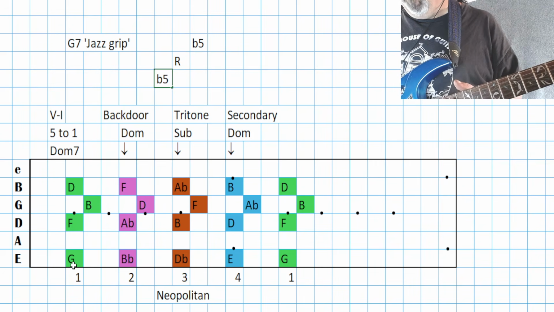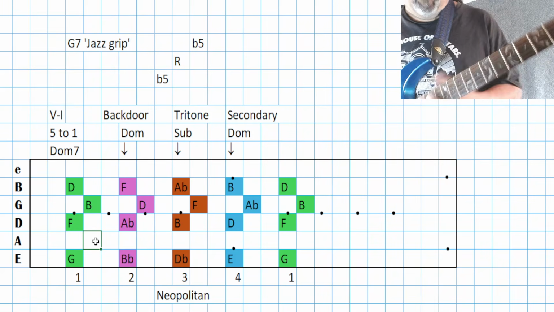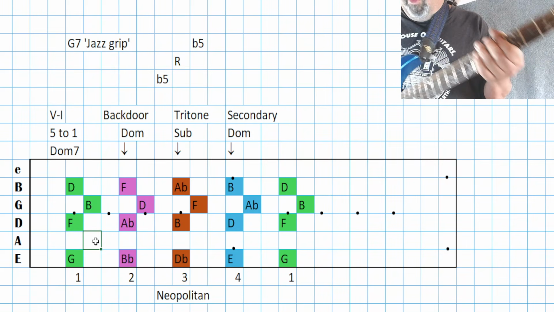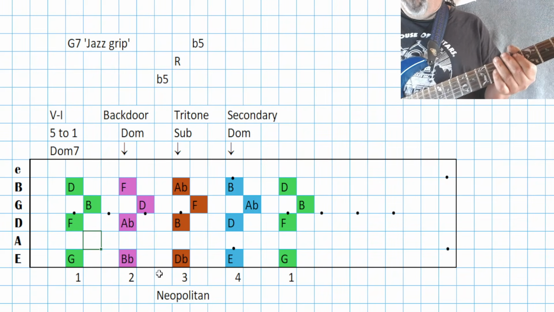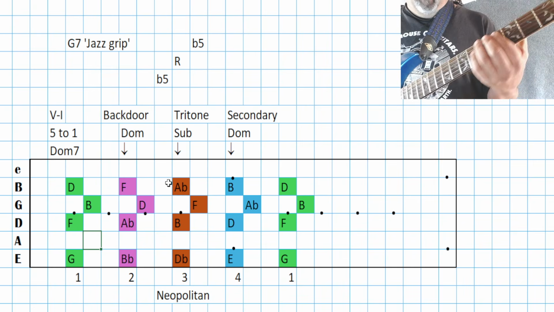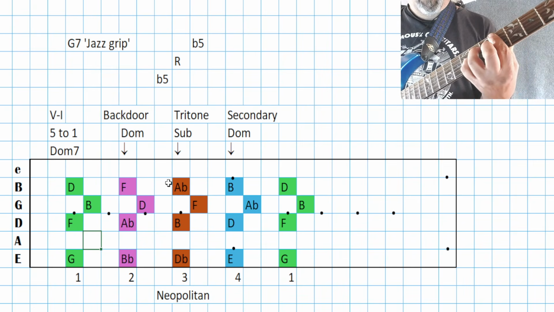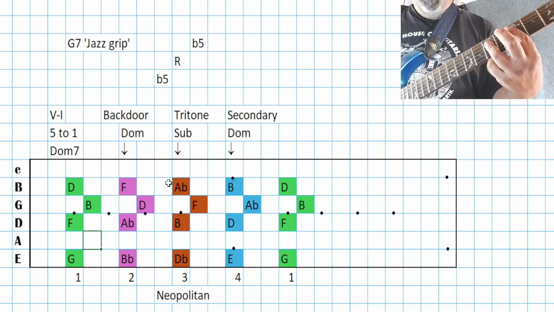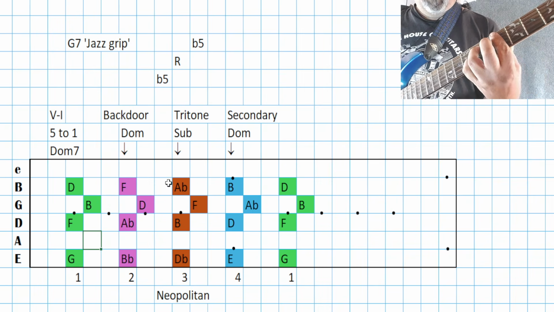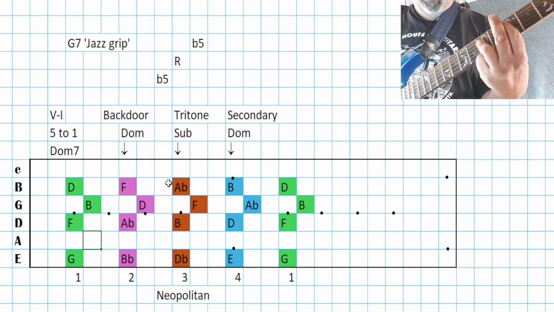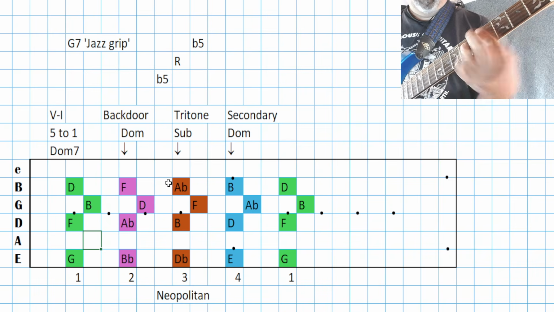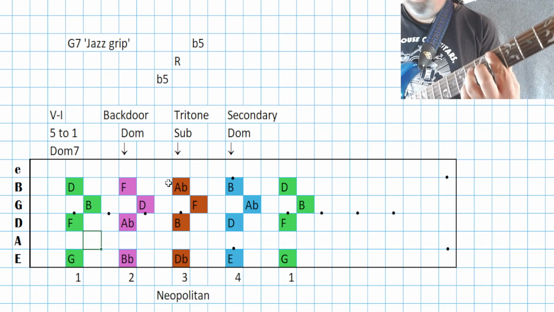So the tritone sub. For a G, when we're finding the tritone, it's here, C sharp or D flat, which we have in brown right here, the tritone sub. So it's right here. You've heard that before in certain settings.